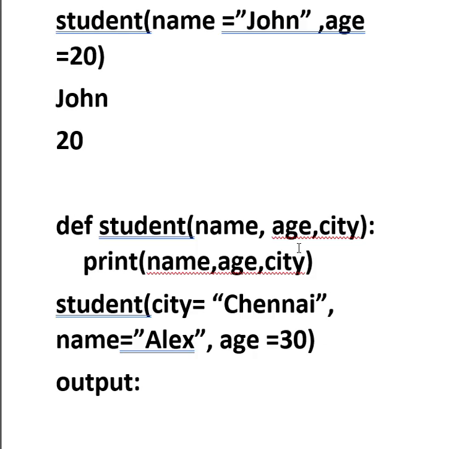Name will be first printed: Alex. Second one is age. Third is Chennai. Okay.